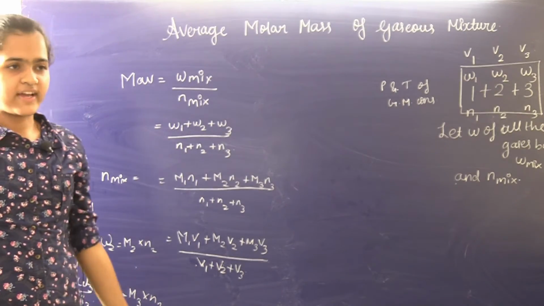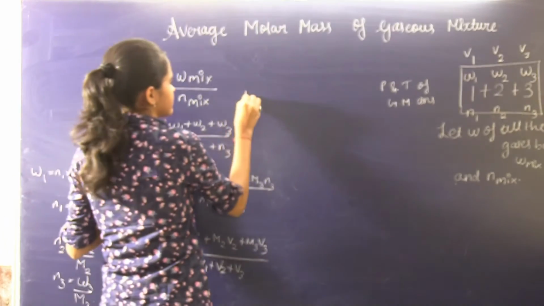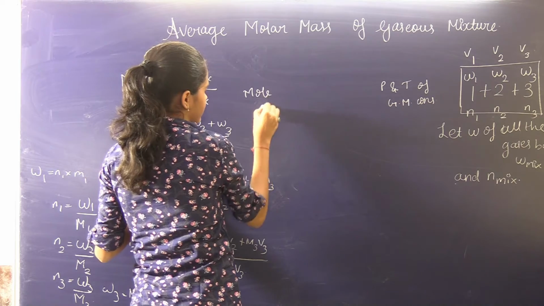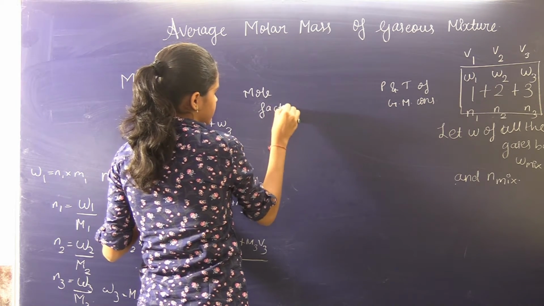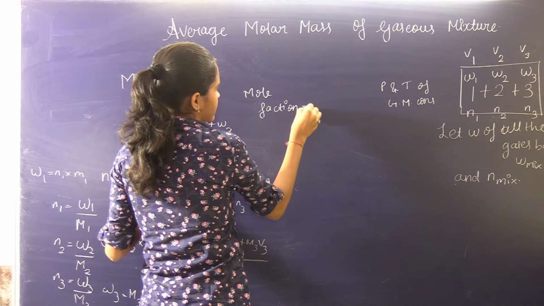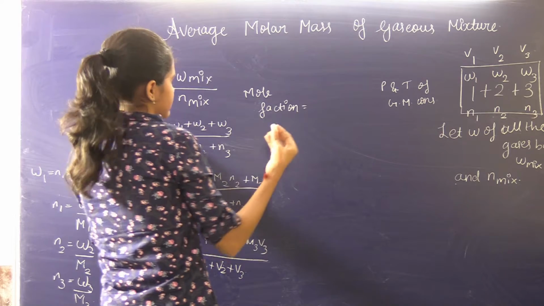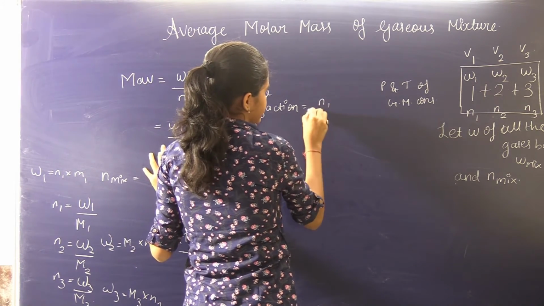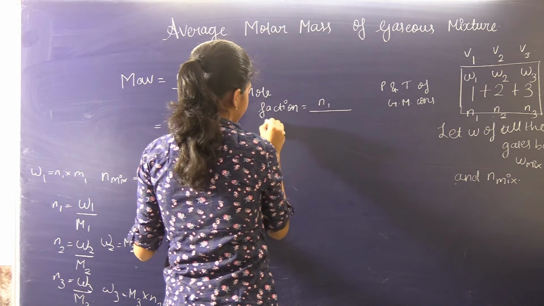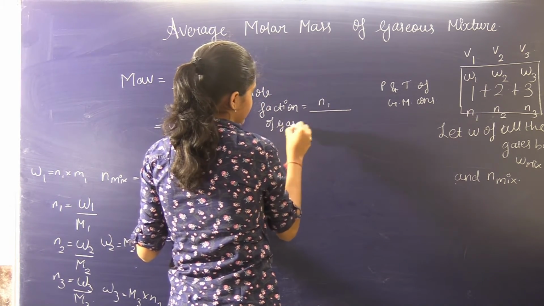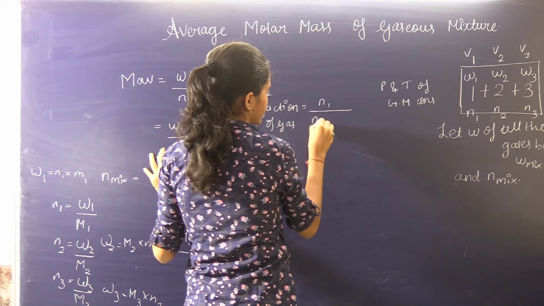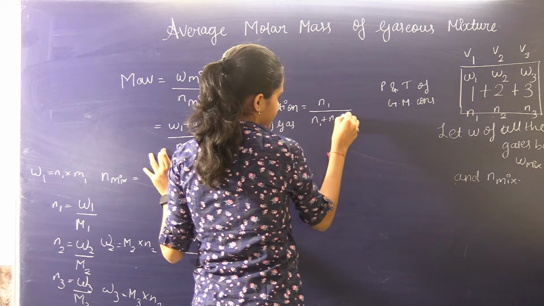After this, mole fraction. Mole fraction of gas 1 is equal to number of moles in gas 1 upon total number of moles in the gaseous mixture.